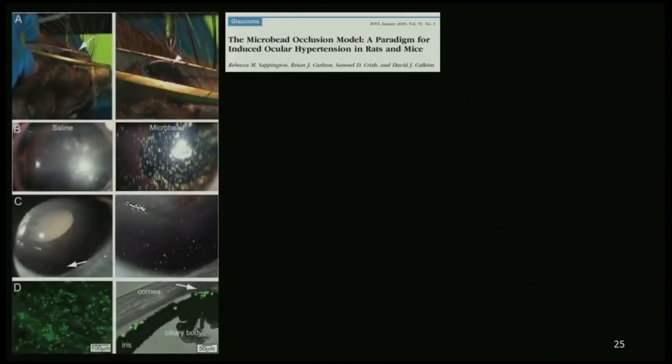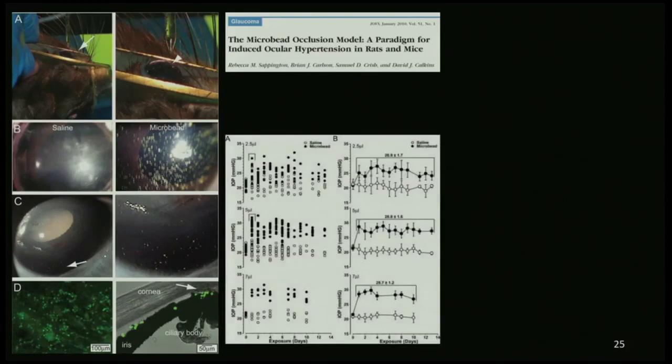So here's the Sappington paper, where they looked at fluorescent microbeads, and this is what they look like in the eye. So you can track them when they're in the eye because they're fluorescent, and they were able to show that they do find their way into the trabecular meshwork or the angle of the eye, and presumably cause their effects there.